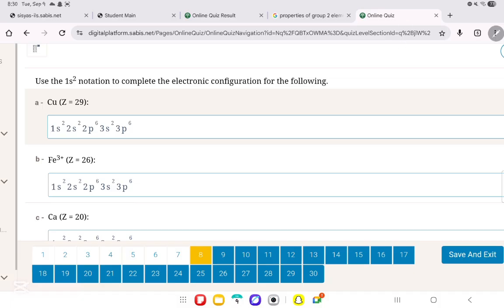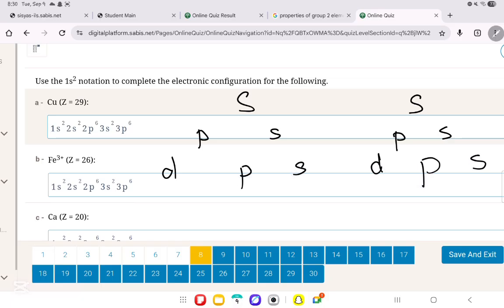Another way to do it is very simply, to do s, then p, p, then let me actually give more space. So s, then p, p, then d, p, d, p, then f, d, p, f, d, p.